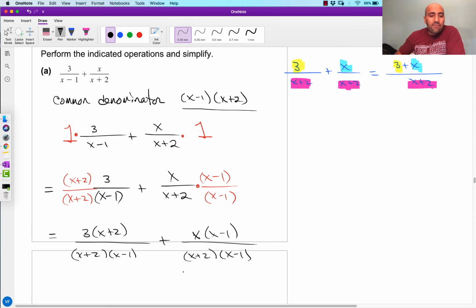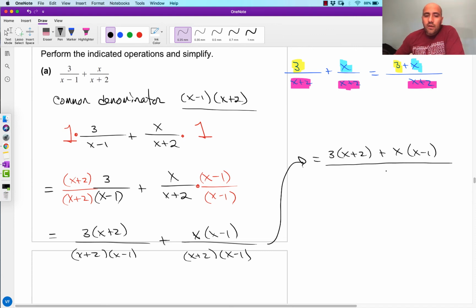And now that they both have the exact same denominator, I can rewrite this to be equal to 3 times x plus 2 plus x times x minus 1 all over a common denominator of x plus 2 times x minus 1. Good. Now we just distribute, distribute, distribute, and distribute. Combine like terms, simplify. If something can be factored and reduced, we would go ahead and do it, but that's probably not going to happen here.